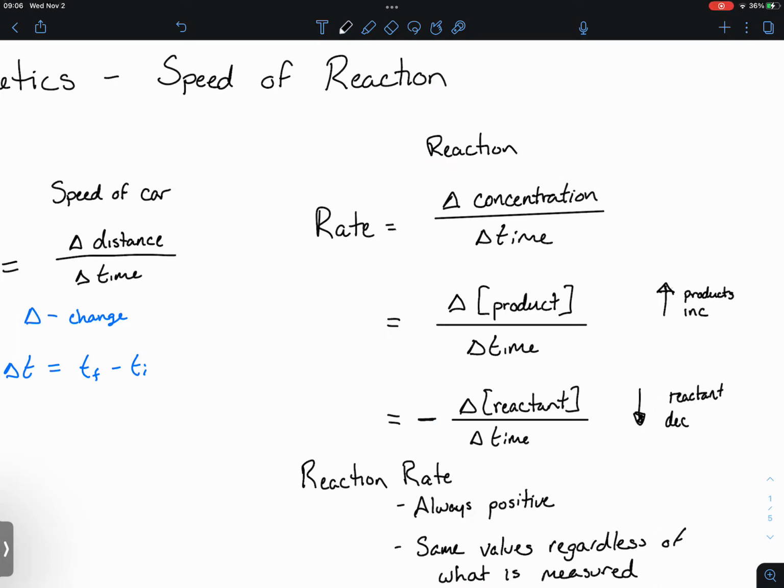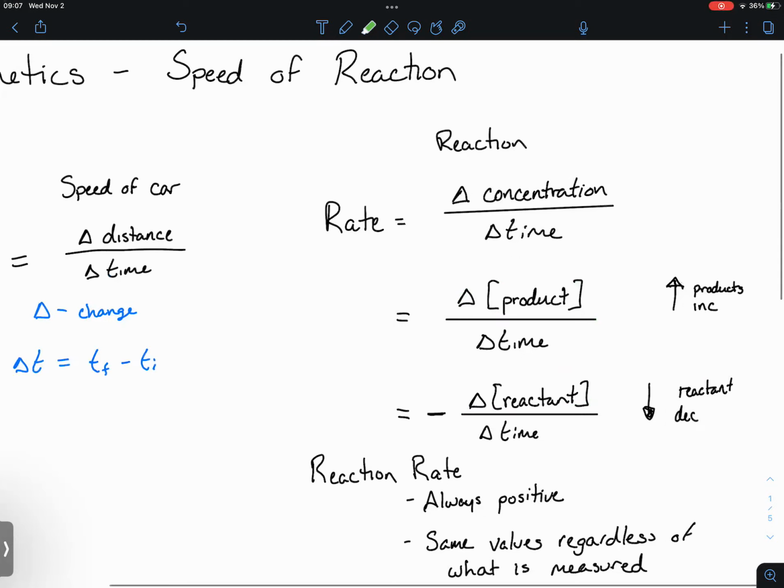It'll depend on the conditions as well as how much reactant you start with. But if I have a given chemical reaction and I'm measuring its rate, it shouldn't matter whether I'm measuring product produced or reactant consumed. I should get the same value for that reaction.